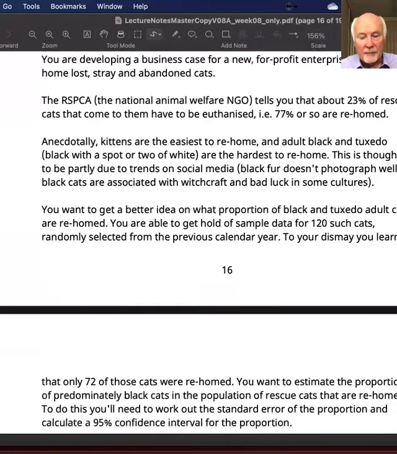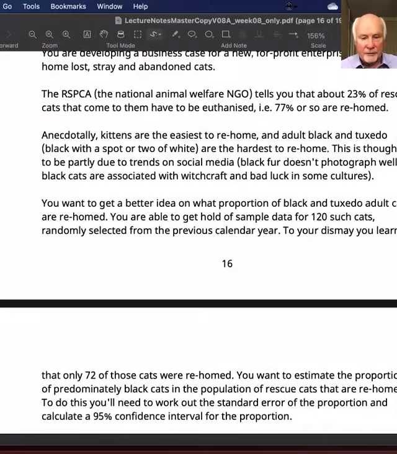Now, you've been doing research on this, and you've talked to people who work in this area, and they'll tell you, look, the easiest ones to rehome are kittens. Everyone wants a cute kitten, and the hardest are these adult, mostly black cats with a bit of white on them. They say they're hard to rehome, and we think the reason they're hard to rehome is mainly because of social media these days.